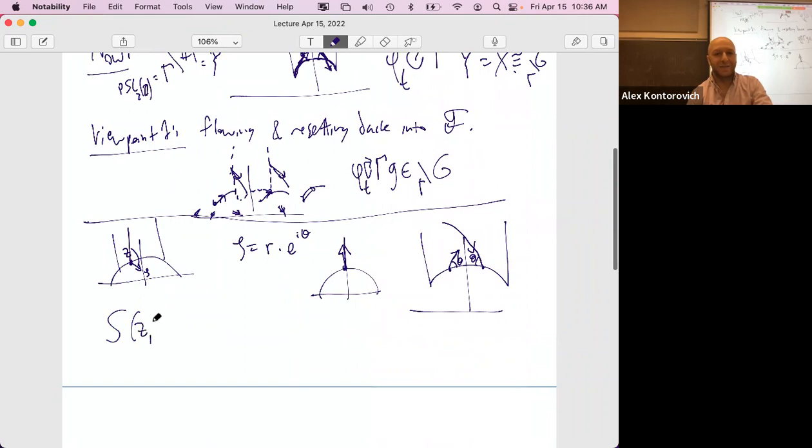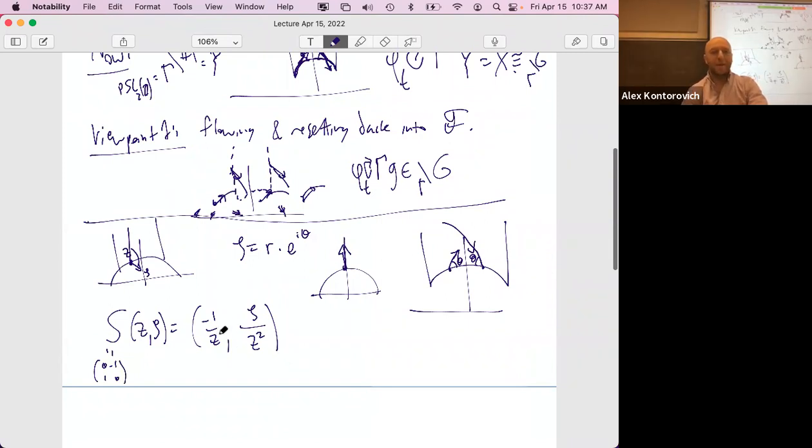S of Z sends Z to -1 over Z, and it sends zeta to zeta over Z squared. Because this is CZ plus D, S is 0, minus -1 over Z, and then you square it.